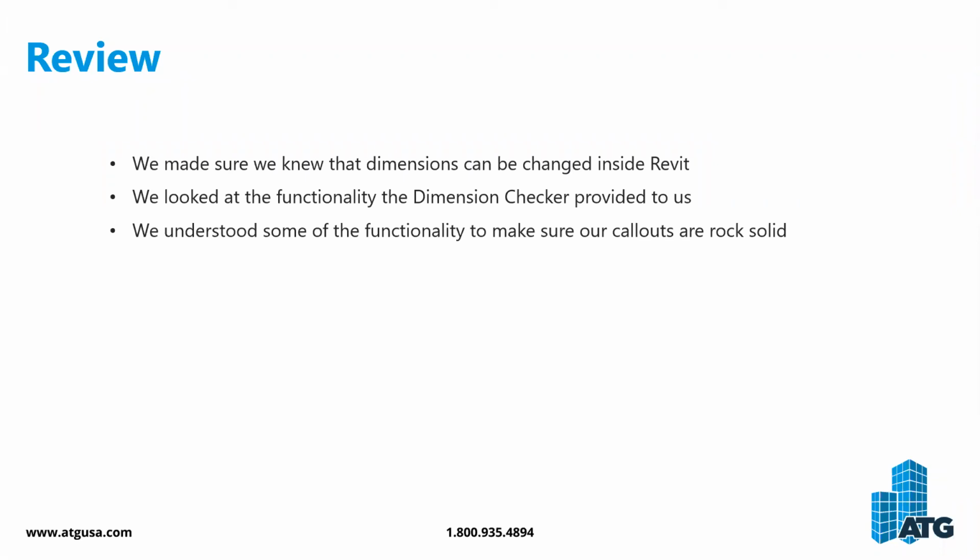We also looked into the functionality of that Dimension Checker to see, okay, what can it pull, what can it not pull? Is it pulling text in different spots? Can we adjust that? Can we include words, exclude words? And then we understood some of the functionality to make sure our callouts are there.